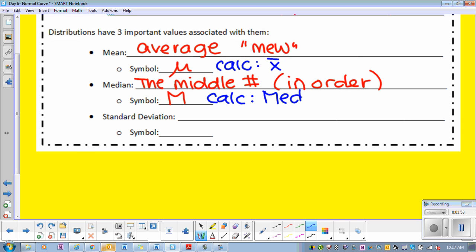So the standard deviation, do you guys remember learning about that? Did you learn about that in Algebra 1? Yeah, standard deviation.